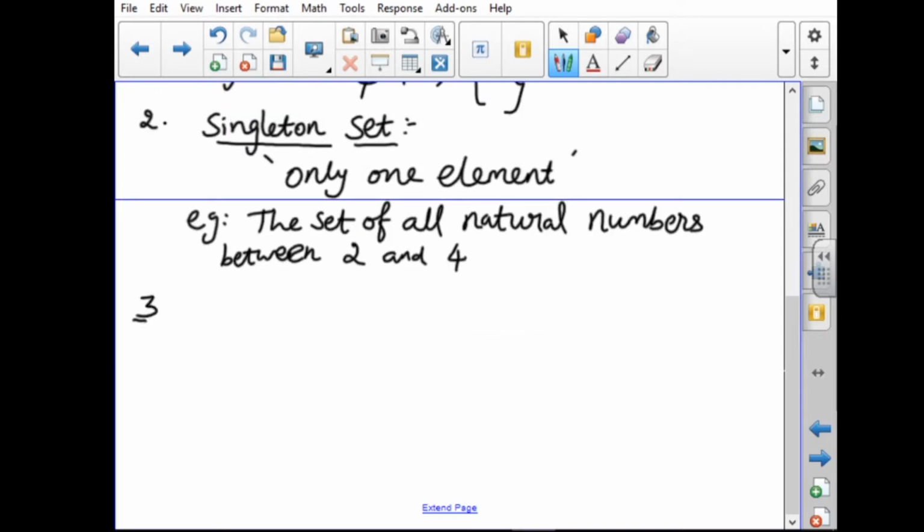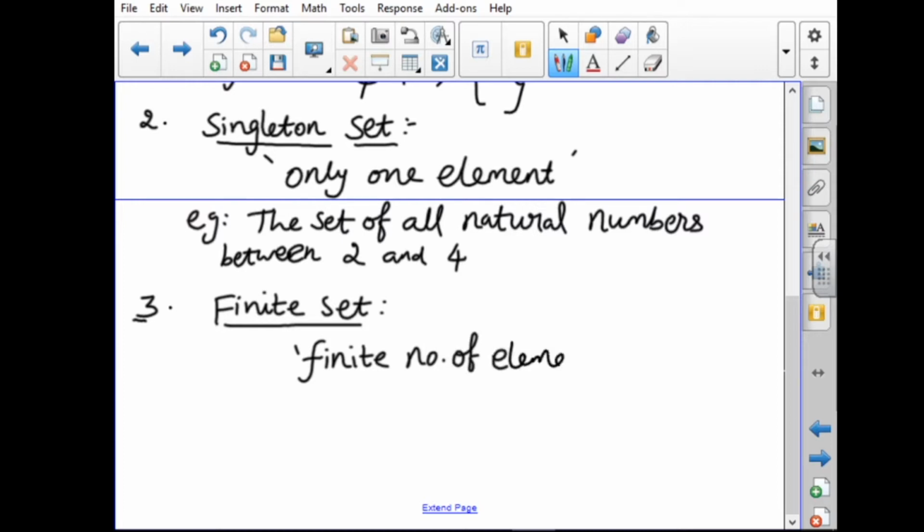Then third one, finite set. A set which has finite number of elements. That means the number of elements should be countable. A set with finite number of elements is called a finite set.